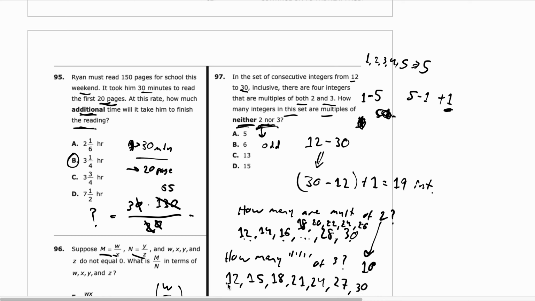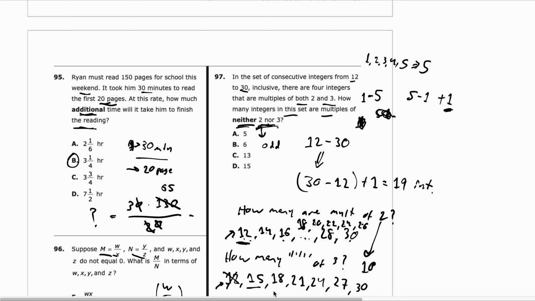Okay, so we start at 12. Now 12 we already counted as a multiple of 2, so we don't want to count it again, right? We're looking for how many are multiples of 2 or 3. So if we've counted 12, we don't want to count it again.